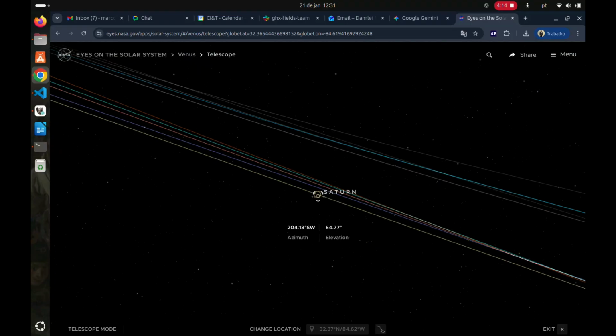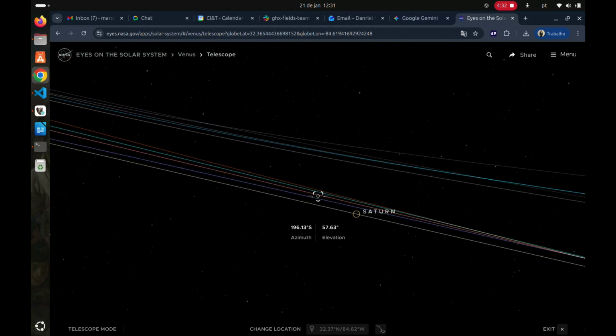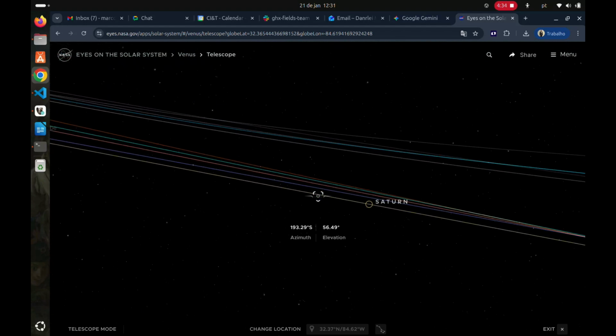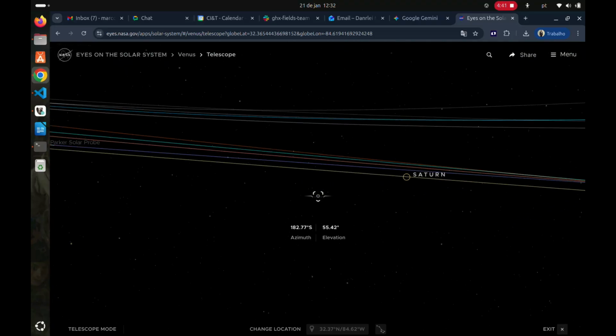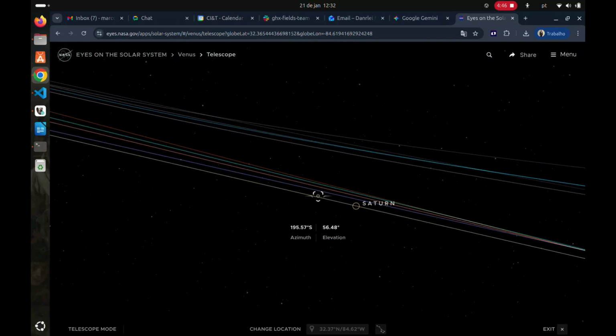The calculus must determine what is the position of Saturn in the future, 1 billion kilometers after. So it must calculate the velocity of the spacecraft and what must be the position of Saturn after the 1 billion kilometers flying through the space. It's not here itself. It's a little close to the left. How much to the left?